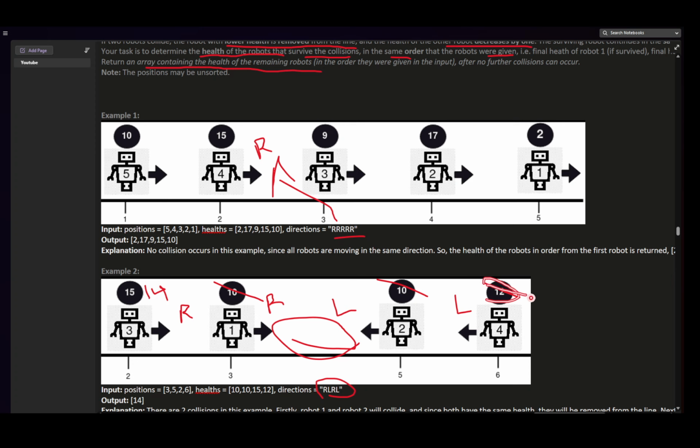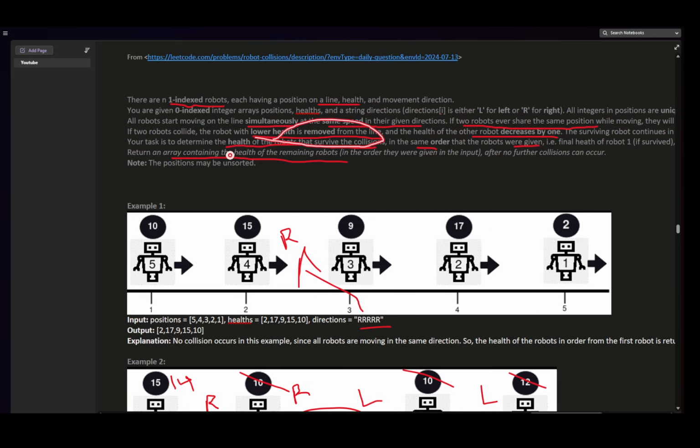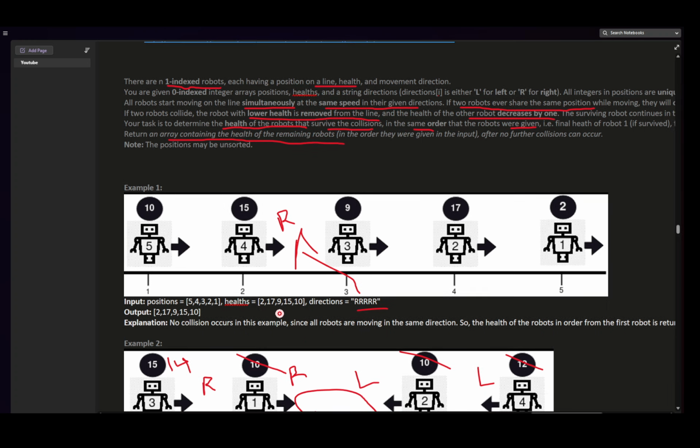So this one is removed, as you can see, and the higher health will be reduced by 1. That's what the question states: the robot having the higher health will be decreased by 1, and the lower health robot will be removed from the line. And we have to determine the health of the robots that survived the collisions, the same order should be preserved, and we have to return that particular array itself.